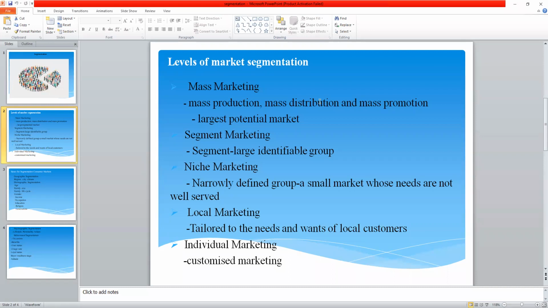Now, moving ahead with local individual marketing. The ultimate level of segmentation leads to segments of one, that is customized marketing or one-to-one marketing. Here, tailor-made offerings or customized products is the focus as far as individual marketing is considered.